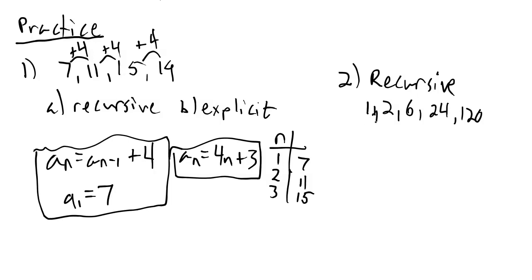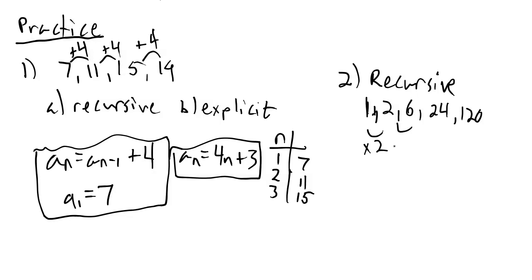Let's look at our recursive for this. So what's happening here? Well, we have 1, 2, 6, 24, 120. This one's not quite as simple, so let's see what's happening. We add 1, we add 4, we add a ton, so this isn't going to be adding. What about multiplication? So we multiply by 2, that would work. Multiply by 3, multiply by 4, multiply by 5. Looks like what's happening is we're multiplying by the next number.